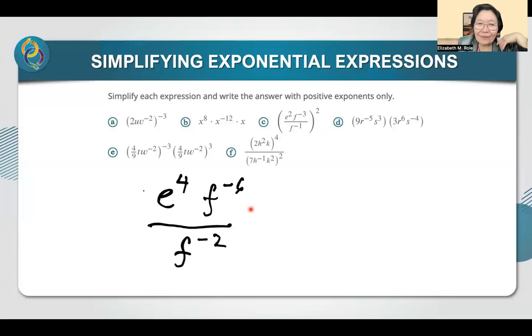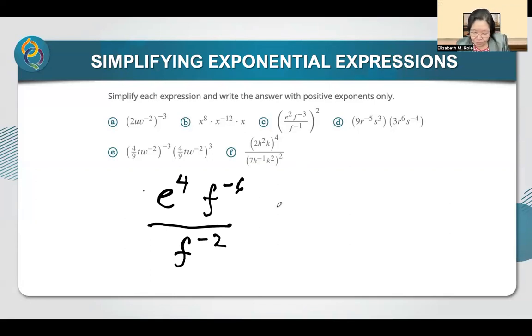So is this okay now? e to the 4th, f to the -6 over f to the -2. Then what will you do now? You can put this down if you wish to, because that's a -6. Or you can have -6 minus -2.